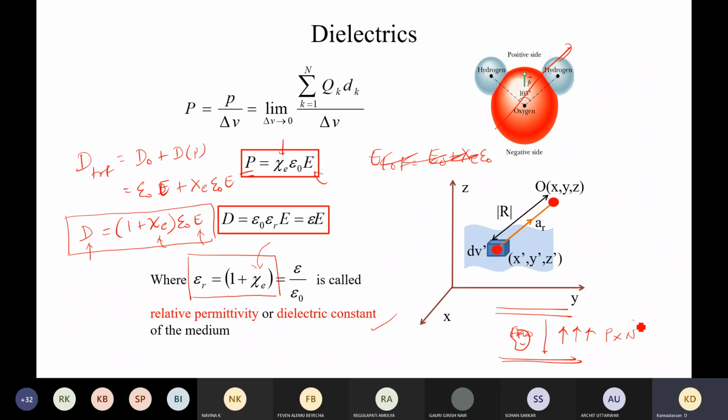And if there are n number of molecules, each with small p, you will get the polarization. And this polarization will give the total electric field, which is giving rise to the expression for the dielectric constant. So the dipole mechanism available inside the material is giving a parameter for the dielectric constant.